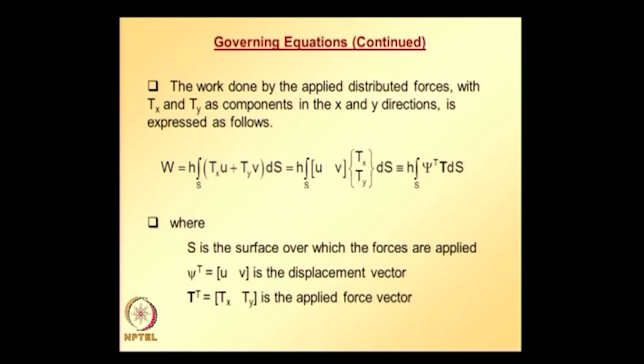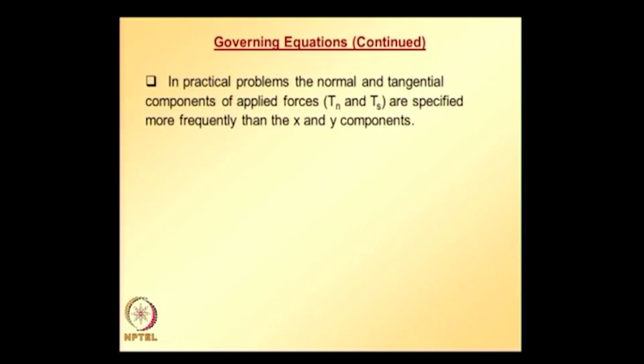But usually in practical problems, tractions are specified in terms of tangential and normal components. So, it is better we write this equation in terms of Ts and Tn. It is very simple, we know the relationship between Tx, Ty and Tn, Ts.